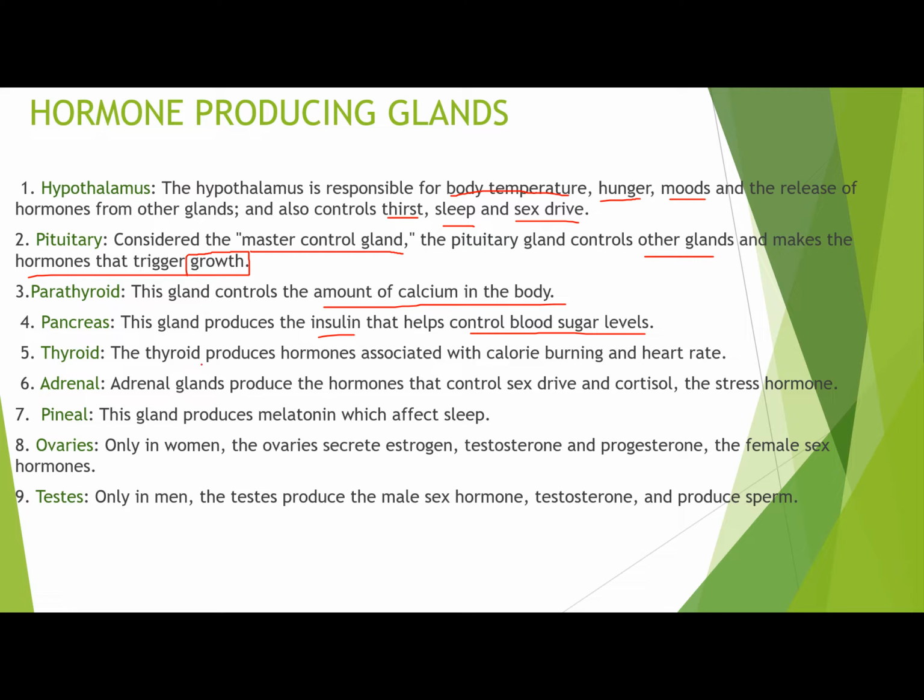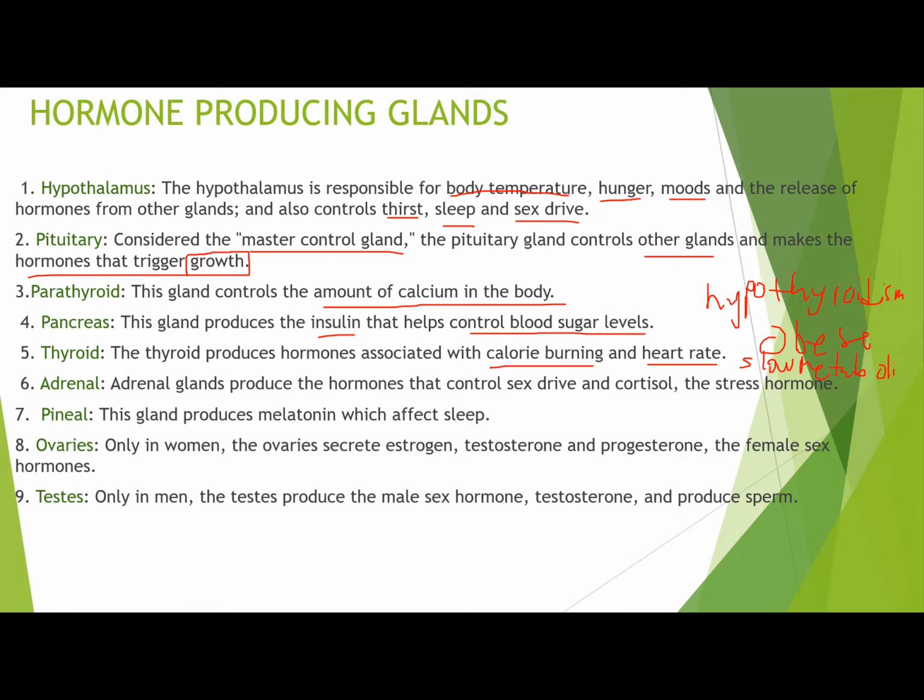Then the thyroid is the one associated with calorie burning and heart rate. That is why if you are suffering from hypothyroidism, one of the effects of this is that you tend to become obese or you have a slow metabolism.